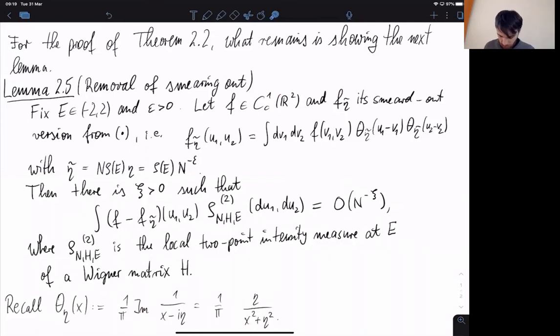So this looks as follows. That's somewhat an approximate delta function on the scale eta.